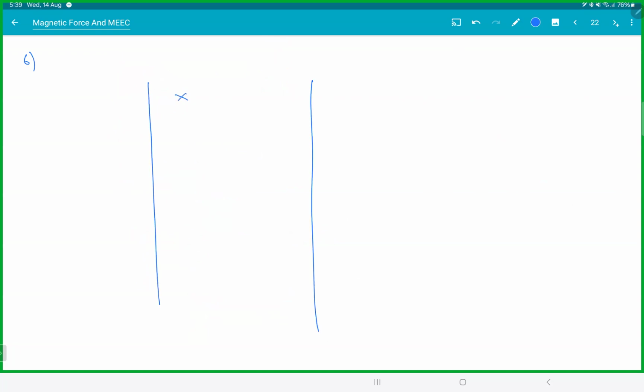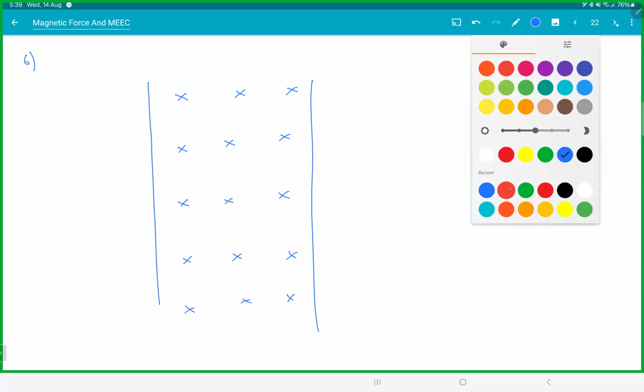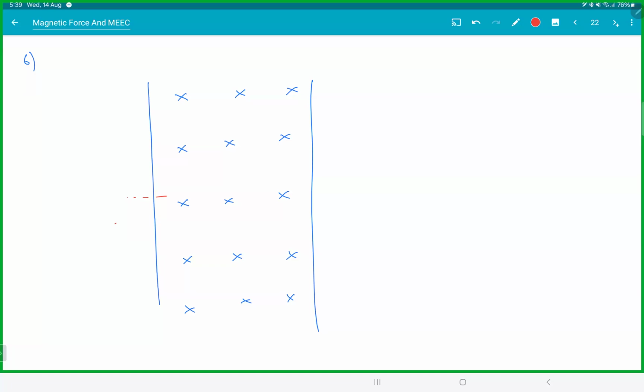So we have a patch of magnetic field. A particle is entering with speed u at an angle alpha, charge q, mass m.